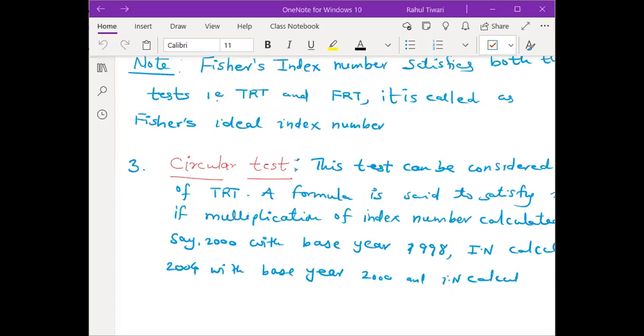So what we have considered here is the multiplication of the index number calculated for the year 2000 with the base year 1990, and again the year 2004 with the base year 2000, and again we will calculate the index number for the year 1998.